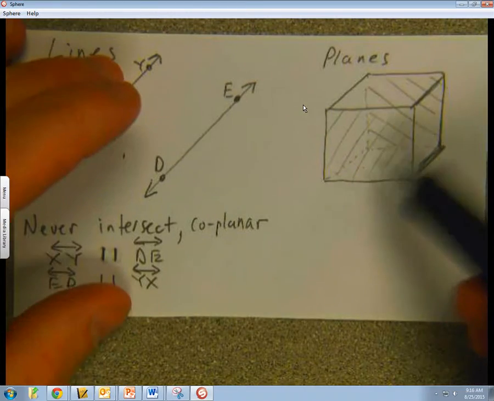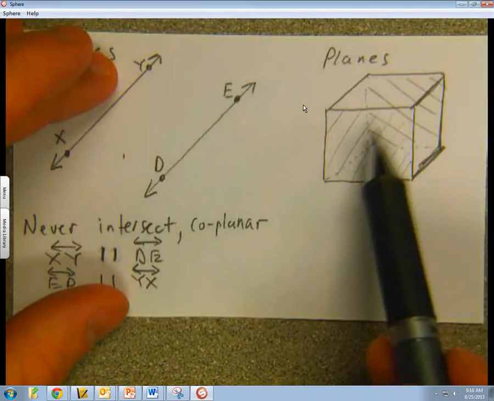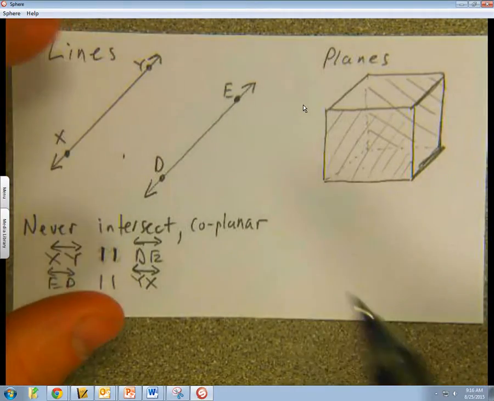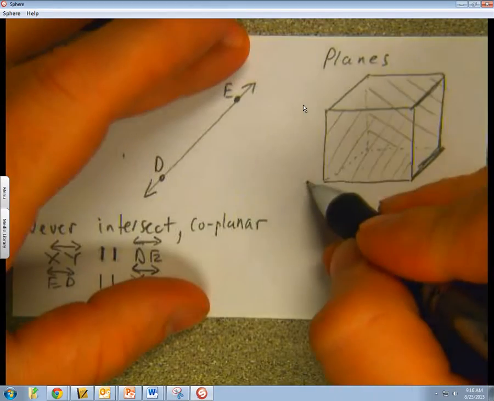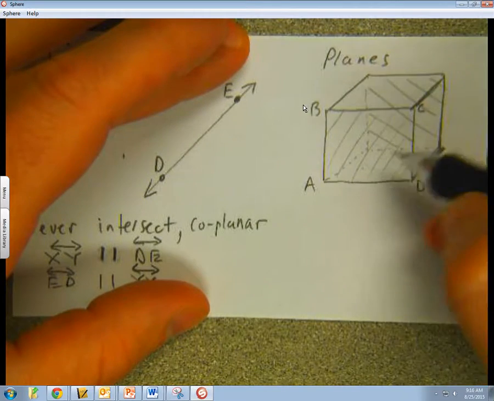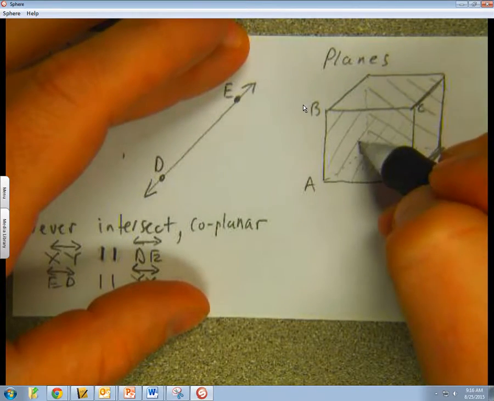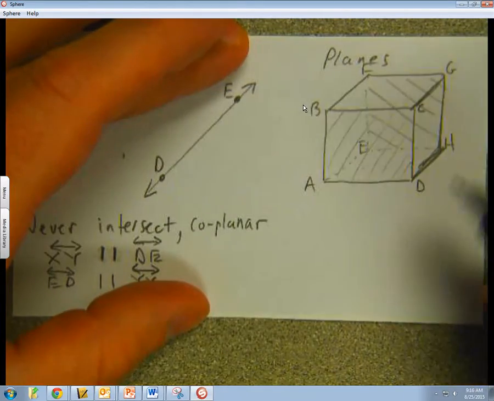They're not going to intersect. The sides are parallel too, as well as top and bottom, but I don't want to shade it all in. It'll be confusing. So let's label this A, B, C, D, and we'll call this E, F, G, H.